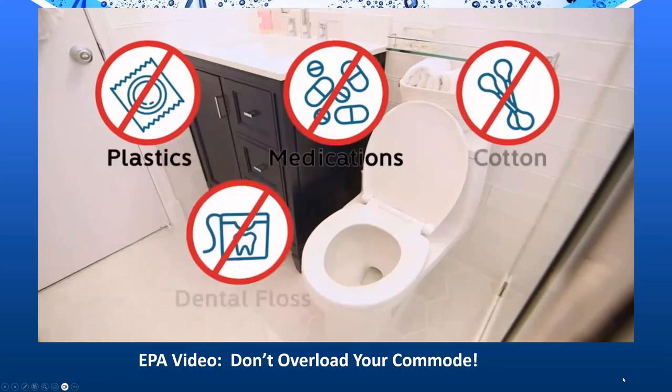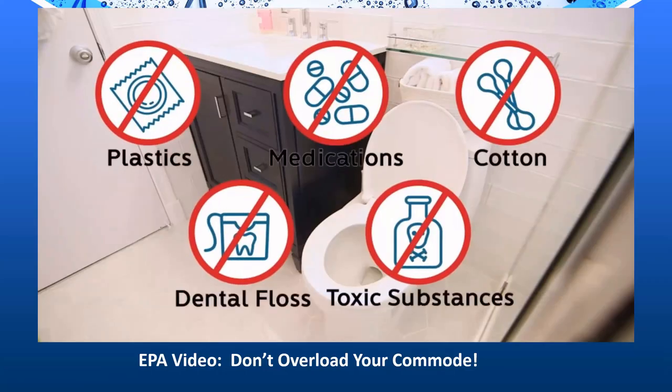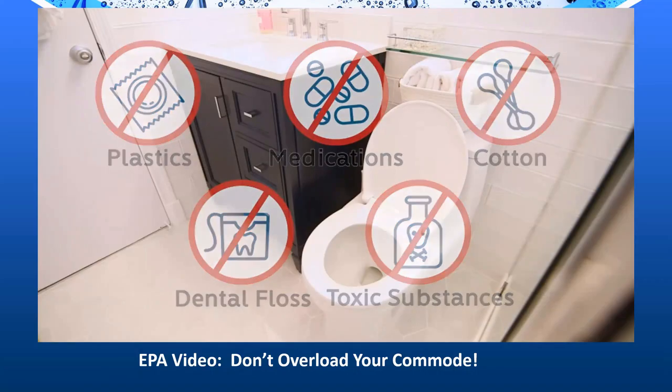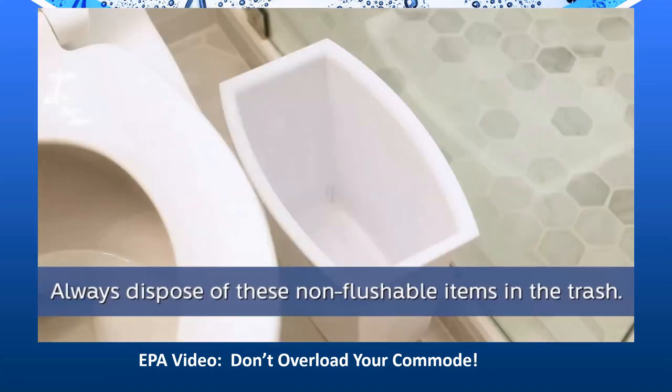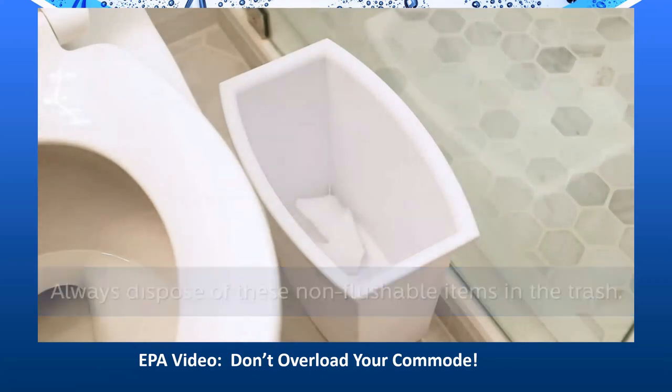Harsh chemicals from drain cleaners and some cleaning products can also harm your septic system and should be used sparingly. Flushing such items down the toilet can clog your pipes and damage your septic system, which can result in costly repairs. So do your part to be septic smart. Always dispose of these non-flushable items in the trash.